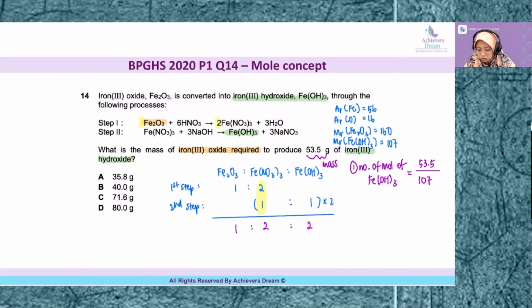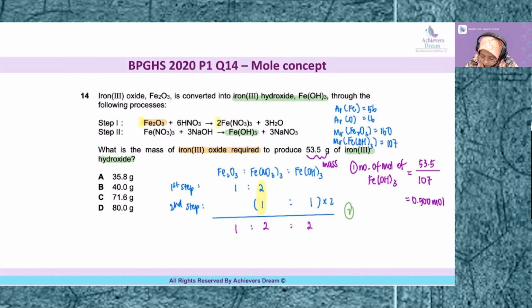How did I get 107? 56, the AR of iron, plus 3 hydroxide ions, 3 bracket 16 plus 1, which is 17, you will get 107. So 53.5 divided by 107 gives you 0.500 mole.